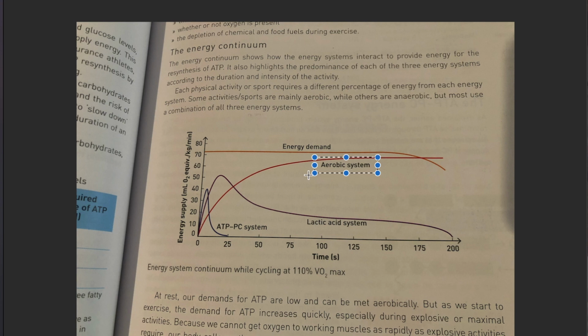However, it's doing it in a way where the intensity is never going to exactly be met. However, what we are able to produce is enough energy without a huge amount of fatigue being built up from that athlete. So if the intensity was to drop down a little bit and we were able to meet that VO2 requirement, when we're in that aerobic system, we're not going to be fatiguing.